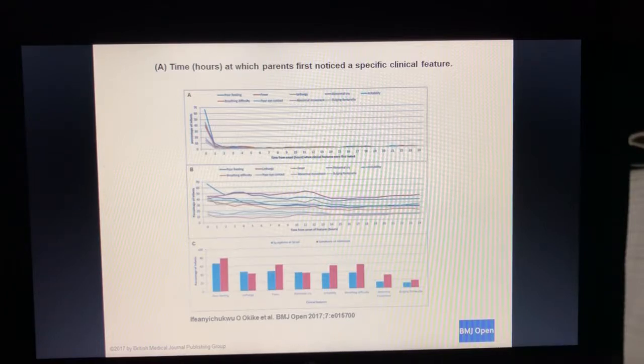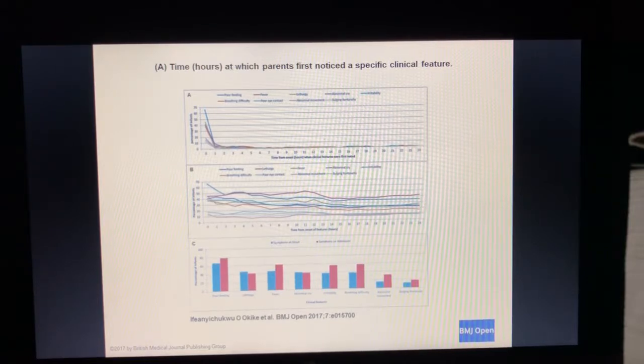The top blue line is poor feeding, there's an orange line for breathing difficulties, and you may not be able to see individually exactly what percentage each one is, but you can see clearly in the top graph that most of those features were noted at onset, and that the percentage of babies who had those symptoms didn't really change in the first 24 hours.